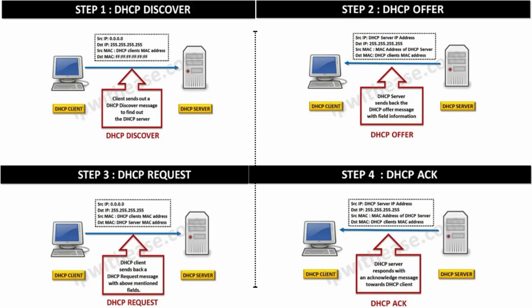In step 2, the server replies with a DHCP offer, providing an available IP address. Next, in step 3, the client sends a DHCP request to confirm acceptance of the offered IP. Finally, in step 4, the server responds with a DHCP acknowledgement, officially assigning the IP address to the client. This process ensures efficient and automatic IP configuration across the network.